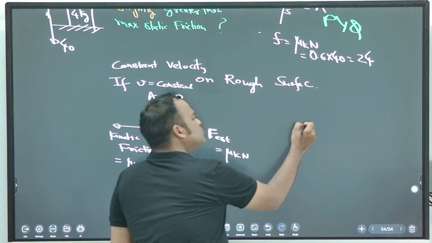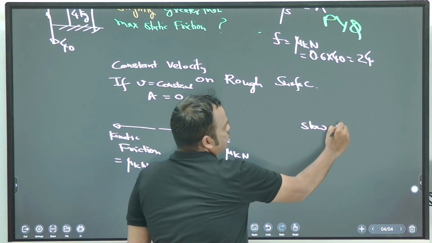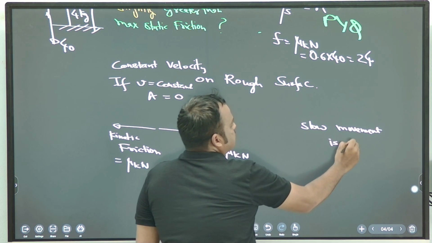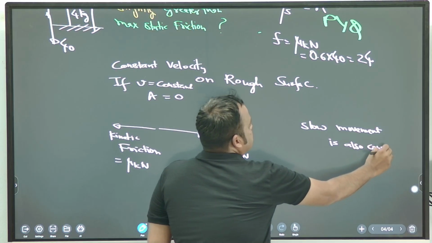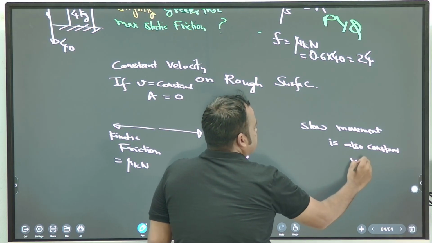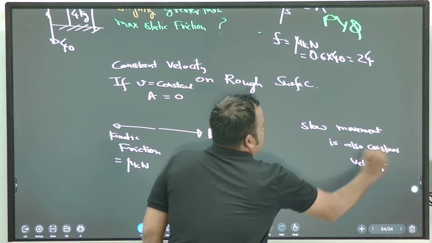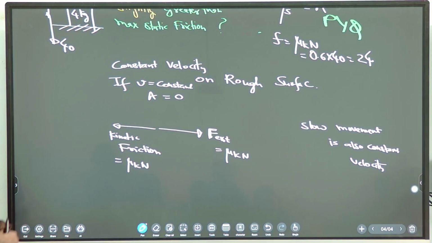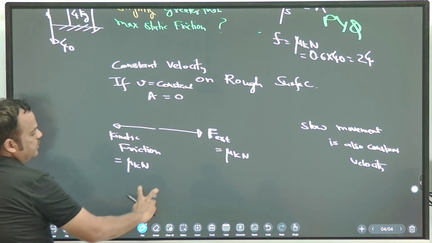Slow movement is also constant velocity. Okay, clear? Remember.